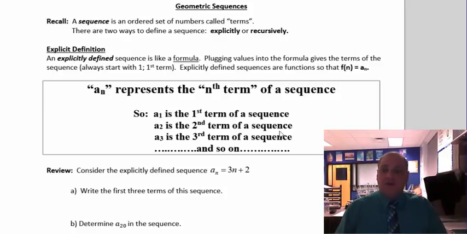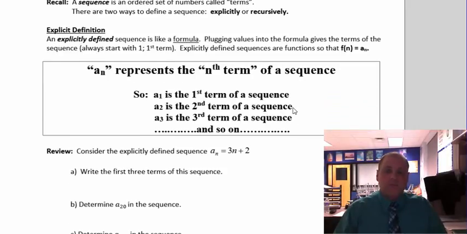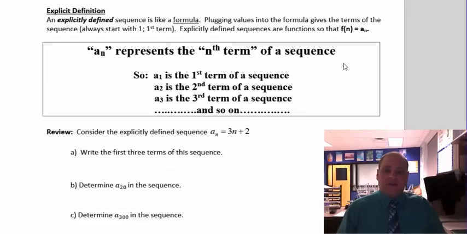The first thing you want to understand about an explicitly defined sequence is that basically it looks like this. Here's an example. The n represents which term it is. So a sub n, if n is 1, it's the first term of the sequence.